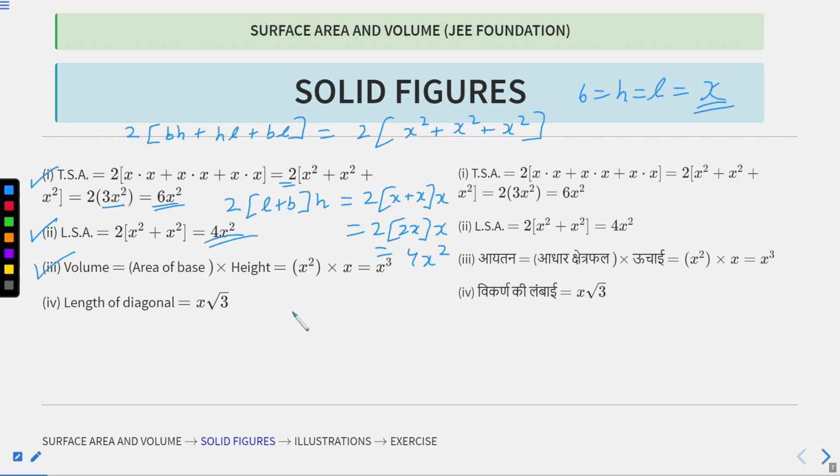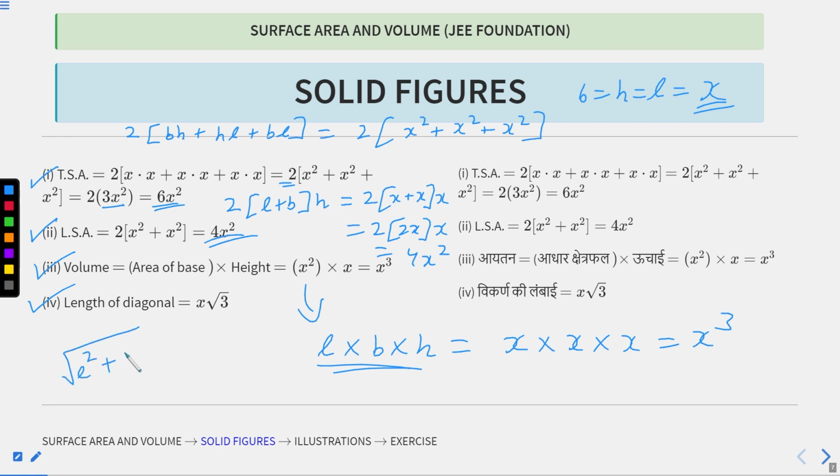Now for the formula for the volume, we had L into B into H, all are equal in a cube, so x into x into x, which equals x cube. And the length of the diagonal, in the previous case we had the square root of L square plus B square plus H square.